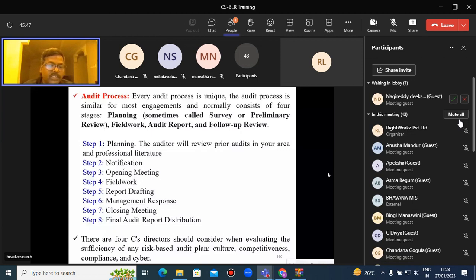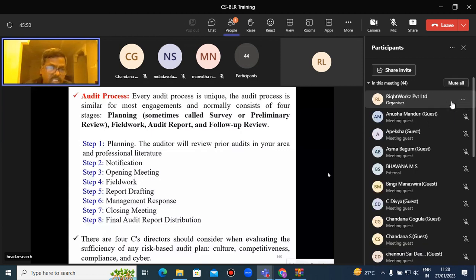Then notification: the audit process gives notification. Step 3, opening meeting: we call a meeting for the audit process. Then we do field work. Field work is verifying department wise. Where is the HR department? Where is the finance department?